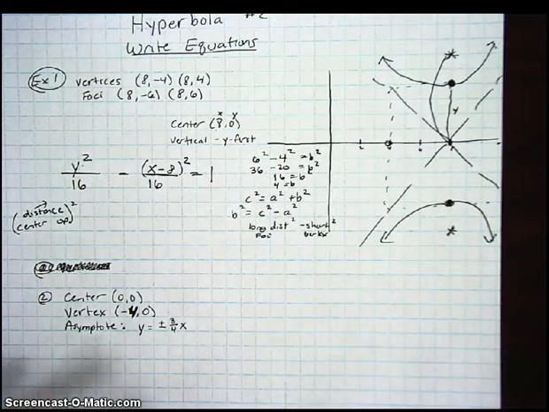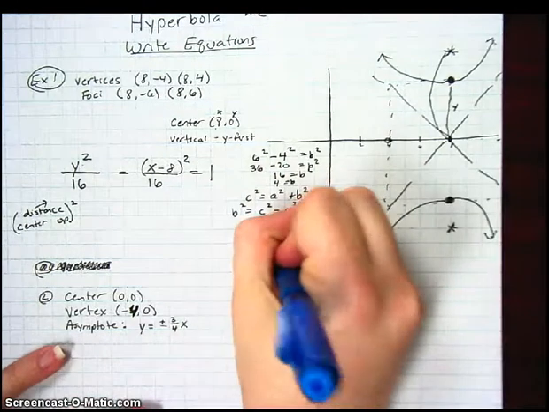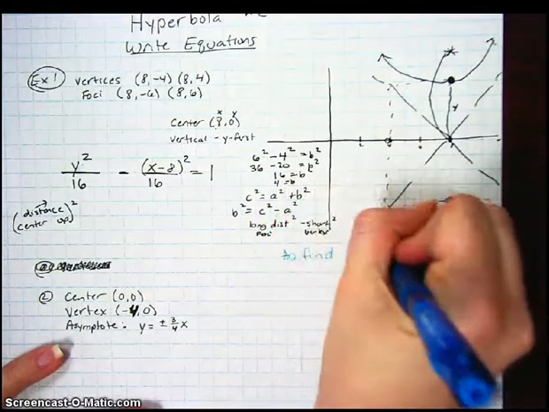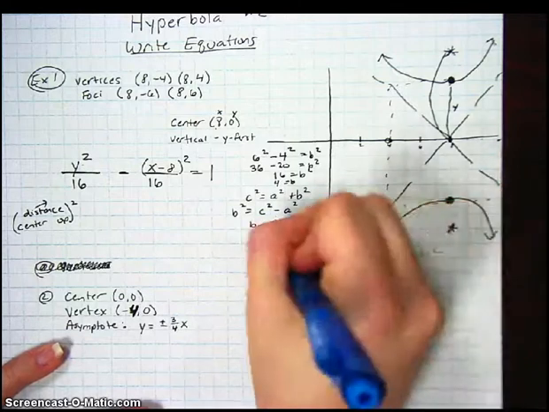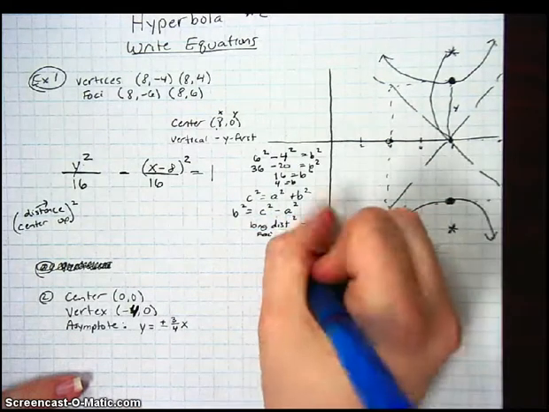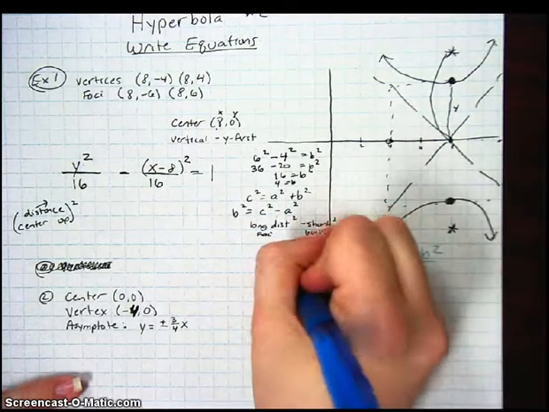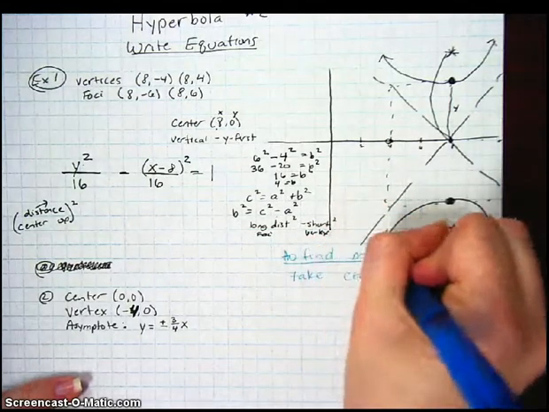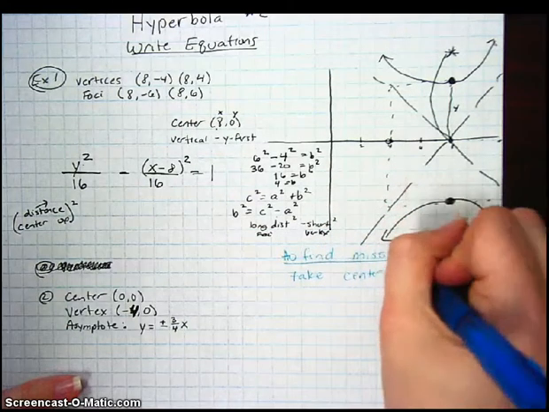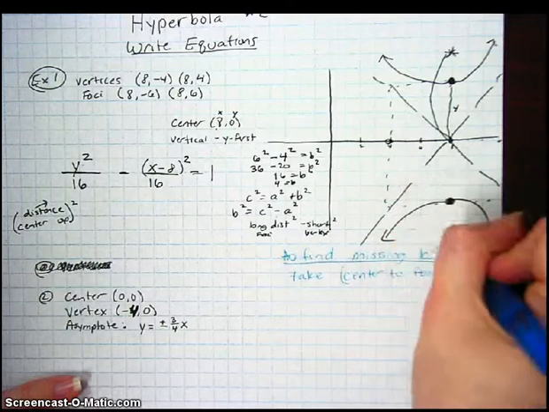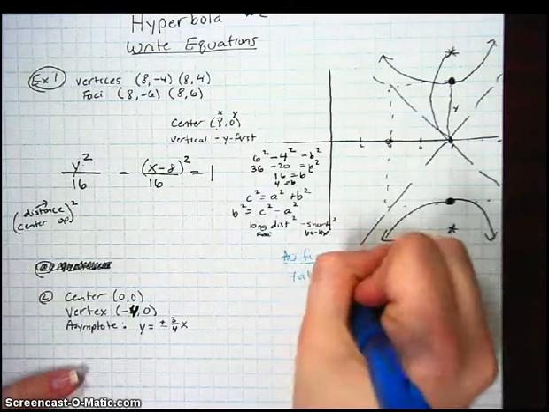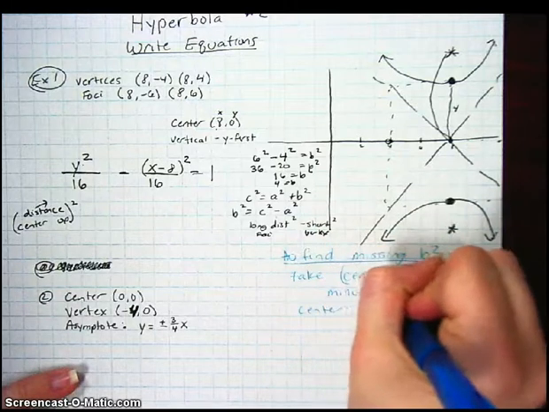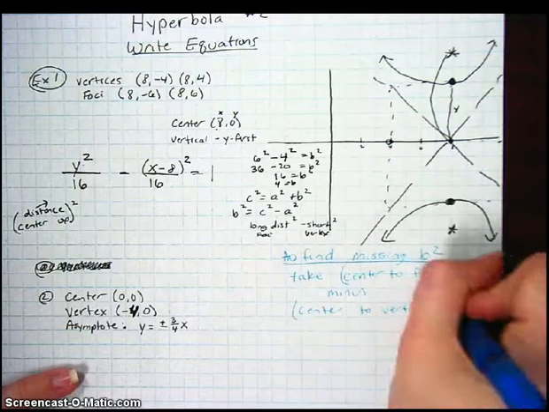In order to give yourself some notes, we're going to write over here, to find missing b squared, take center to focus squared minus center to vertex squared.